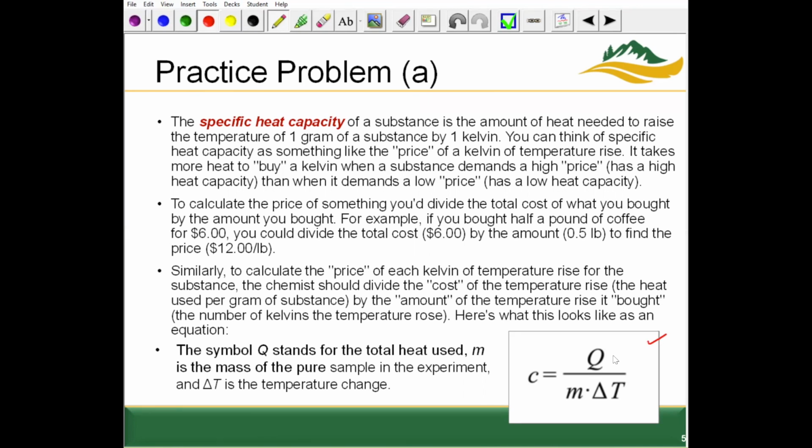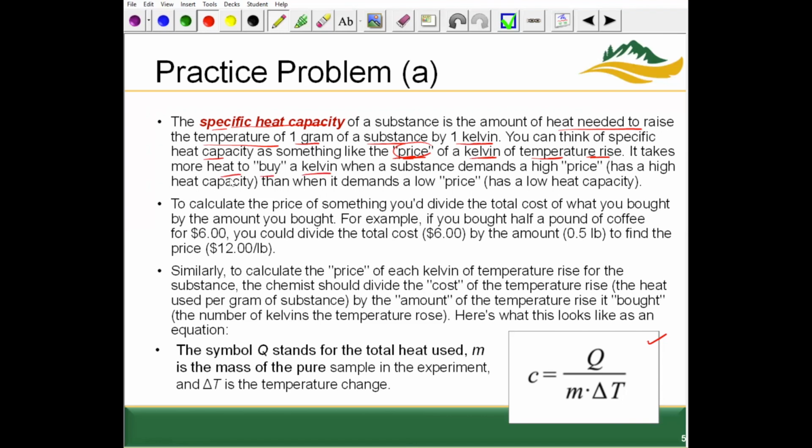We're asked about the heat capacity. The specific heat capacity of a substance is the amount of heat needed to raise the temperature of 1 gram of a substance by 1 Kelvin. We can think of a specific heat capacity as something like the price of a Kelvin of temperature rising. How much energy do we need to increase the temperature of a substance by 1 Kelvin?